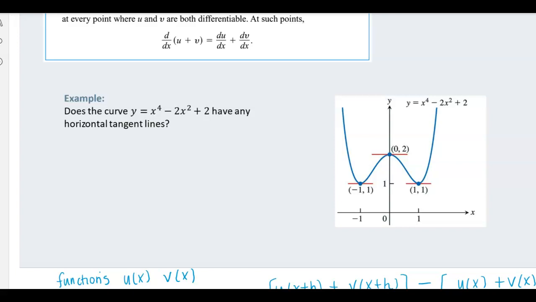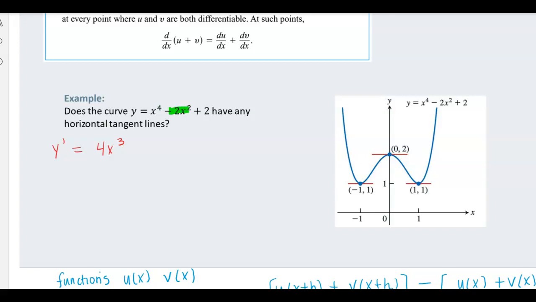So taking everything we've done so far, let's take the derivative of this function. So the derivative of the function y will be 4x to the third power, taking the exponent of 4, bringing it down into the front, and then dropping the exponent down by 1.